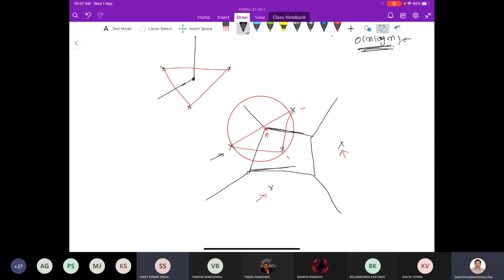I'm not understanding what you're asking actually. You mean leftmost is this one, rightmost is this one, and topmost is one more vertex, and these three correspond to a triangle, and for this also the circumcenter should be a vertex, like in the Voronoi diagram which we have made.